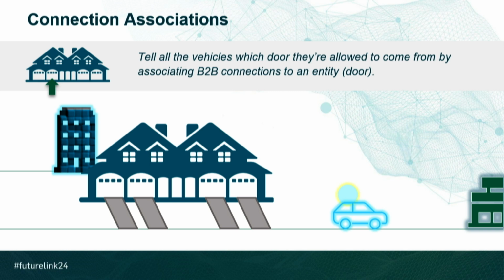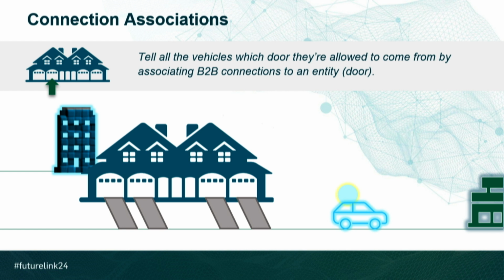Then connection associations. So we've told the vehicle where it needs to go, the address, but it needs to know which door it needs to go from so the post office can process the package correctly. That's where connection associations come into play, and they're really important to help TraceLink route and process the messages properly.